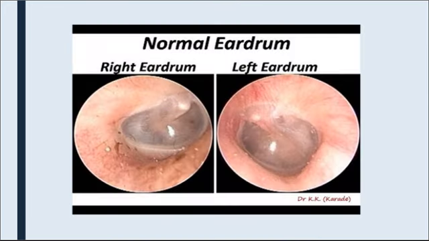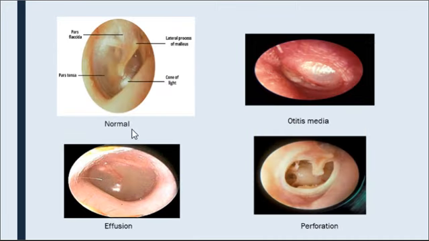This is some pictures of normal eardrums or tympanic membrane, because they don't always look the same, but what you will see here is you can see underneath, you can see through it. It's clear, and you can see bony prominences under there. Here's a better picture where you can clearly see the bones and structure through the tympanic membrane, or some call the eardrum.